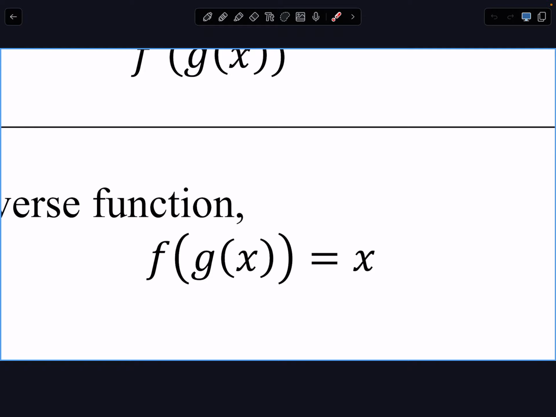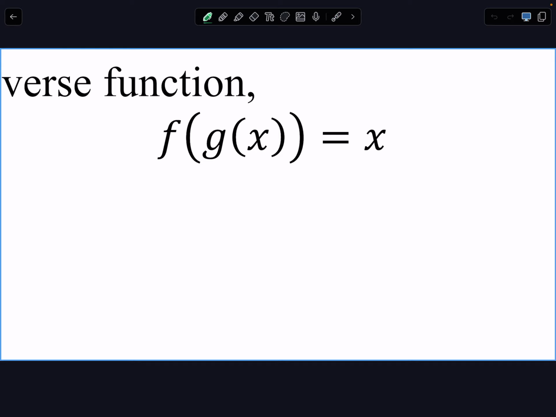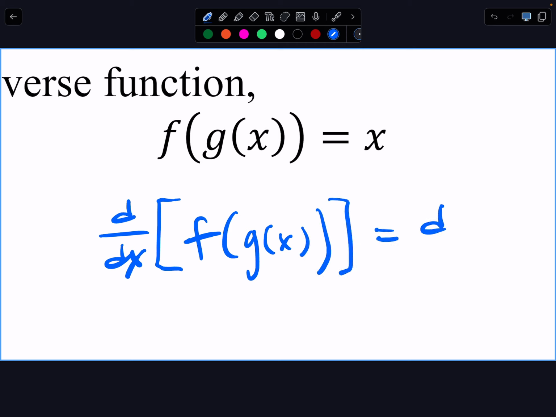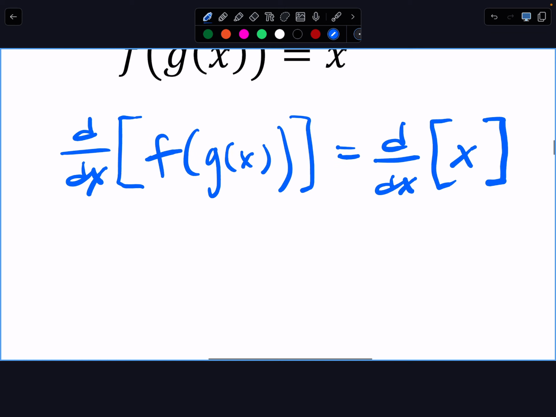If we think about taking the derivative of this with respect to x, well, the right-hand side, the derivative of x with respect to x would just be 1.